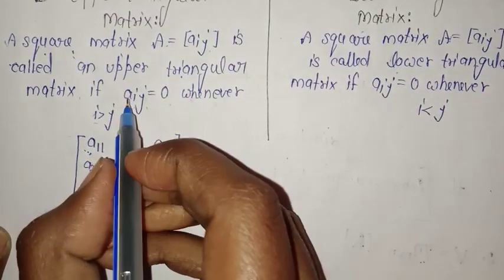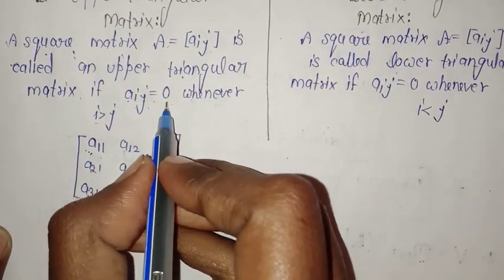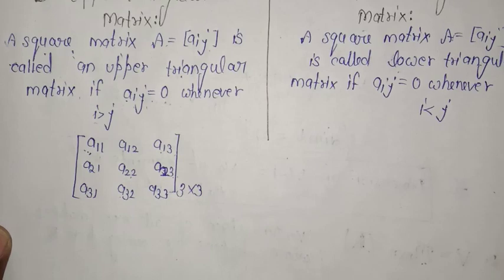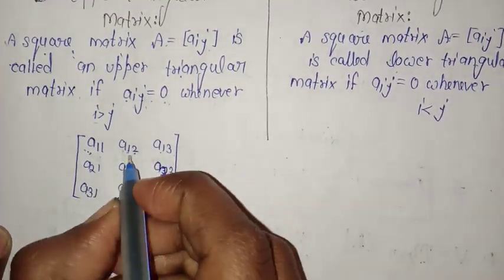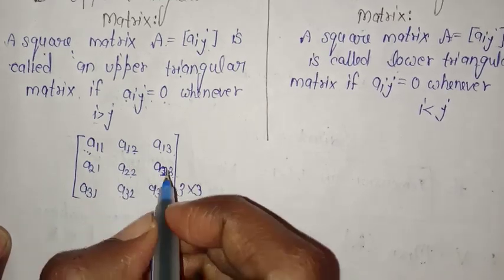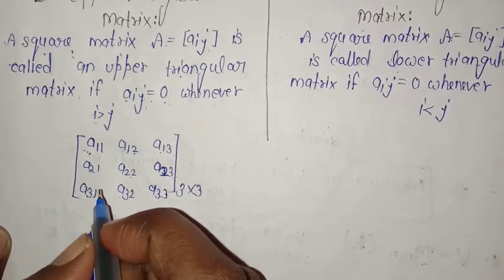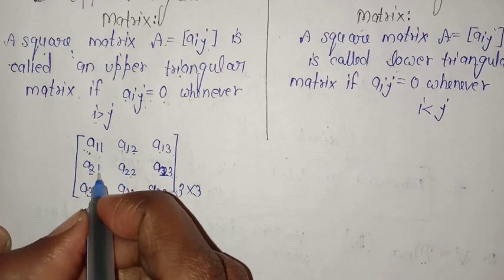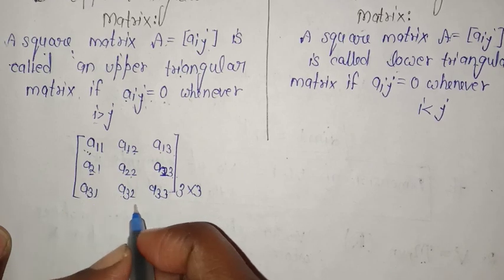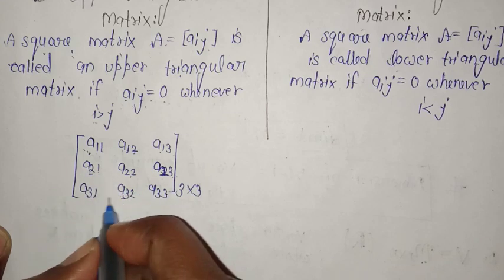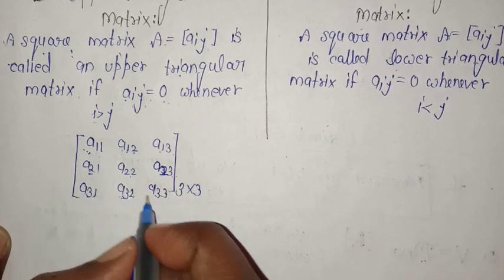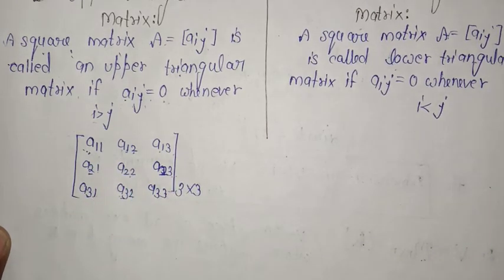Now it is saying that Aij equals 0 whenever i is greater than j. So this is i, this is j in each case. We have to check all those terms in which i is greater than j. If we see here, i is greater than j, i is greater than j, i is greater than j. So all the terms lying below the leading diagonal must be 0.